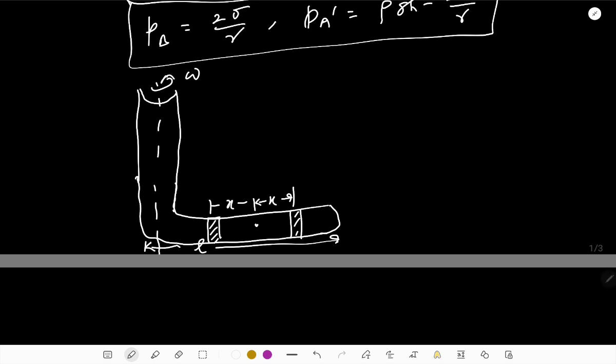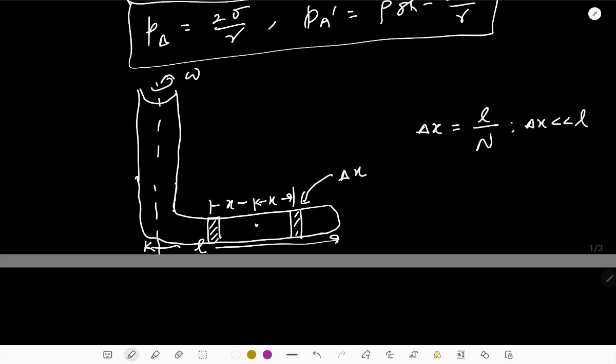I consider its length is delta x, and delta x is nothing but total length L by n. N is the number of segments.